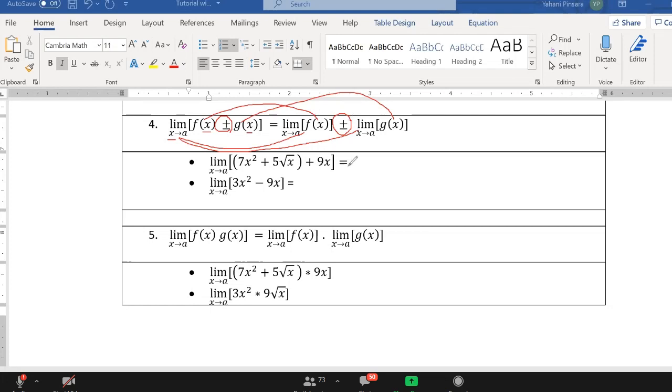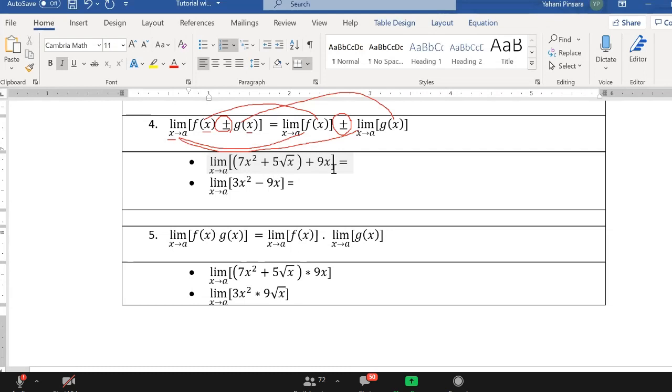Right. So if we need to find the answer for this one, here you have a function of x, and here also you have a function of x, and you need to find the addition of these two.